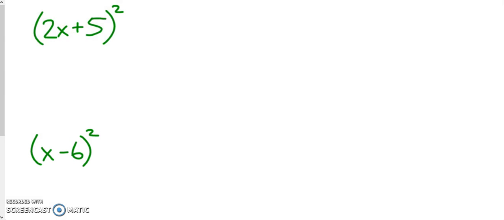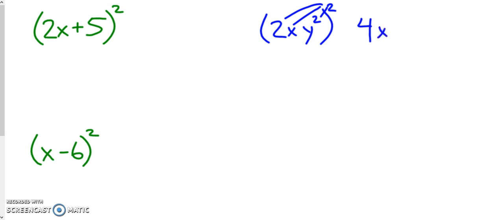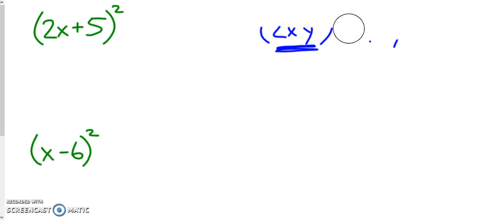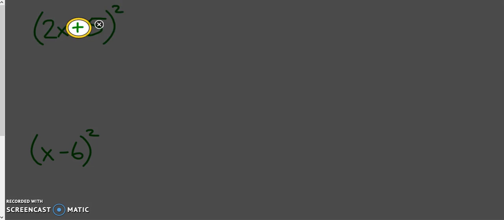Well, if you recall, when we were working in section 5.1, if I had like 2x y squared, and I want to raise that to the second power, I can just square all the pieces and I get 4x squared y to the fourth. Well, that's if you just have multiplication in there, which in this case, we don't. We've got addition.